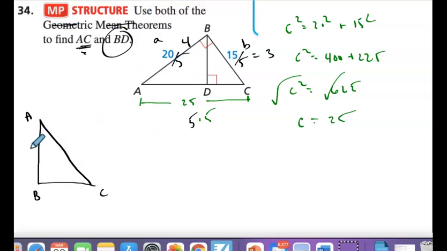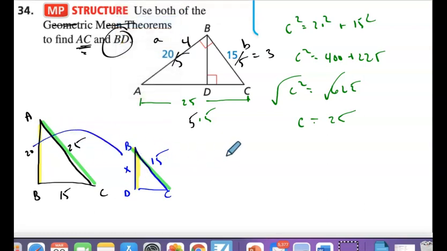ABC, so AB is 20, BC is 15, and the hypotenuse is 25. I'm looking for BD, so here's B, D, and there's C. BD is my unknown here. C is 15, so now I have enough pieces: hypotenuse, a leg and a leg.